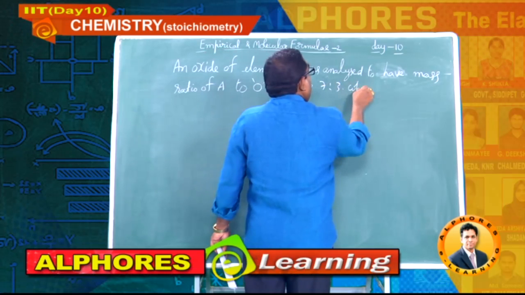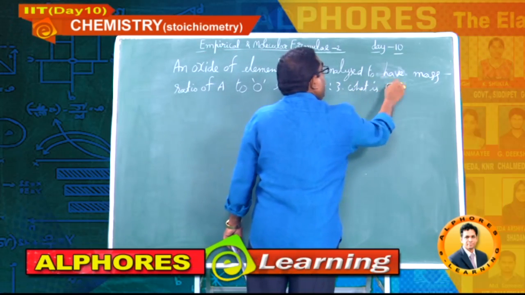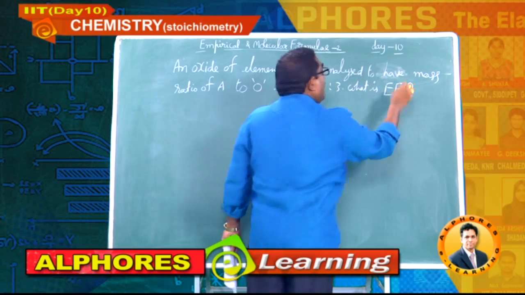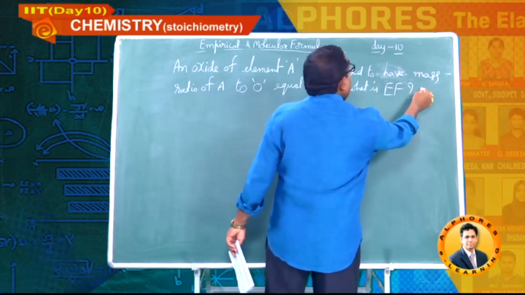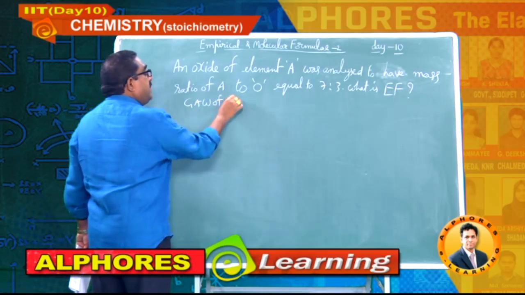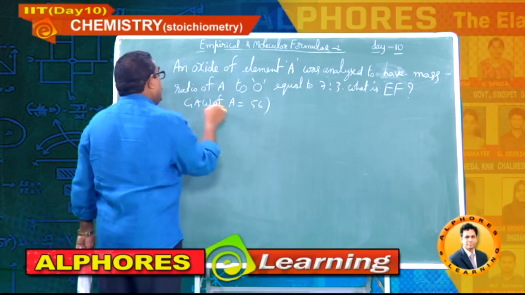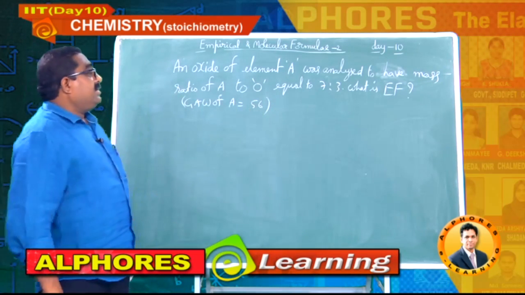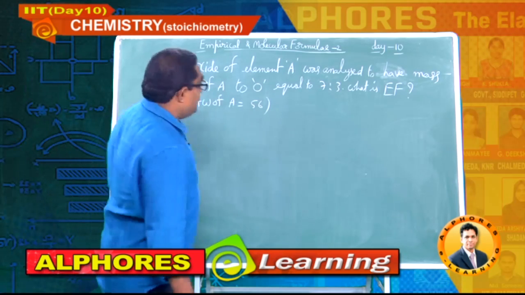What is the empirical formula of the oxide, given the atomic weight of A is equal to 56? This is the question given to you, students.